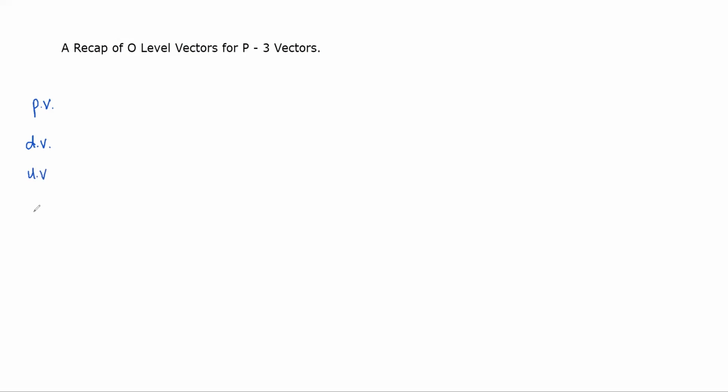Okay, and in between, I will be needing your skills on the addition of vectors where you were writing this AB as OB minus OA, okay? And your ability to find the magnitude of a vector.